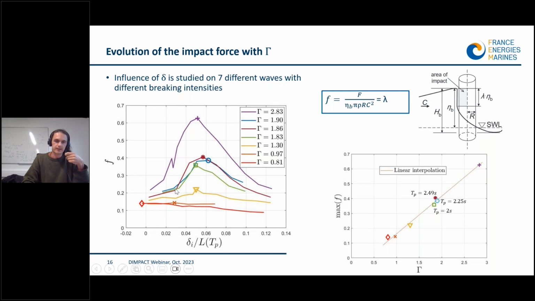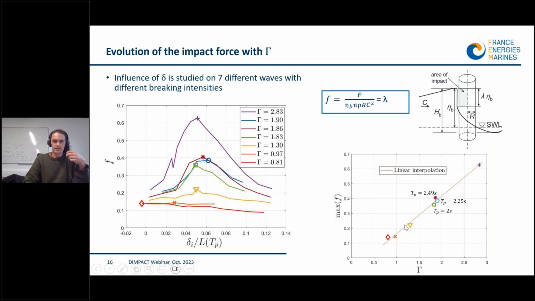What you should note is that those three waves here have different wavelengths. However, they display similar gamma values. One interesting thing is that once the curves are non-dimensionalized, they are very close to each other.